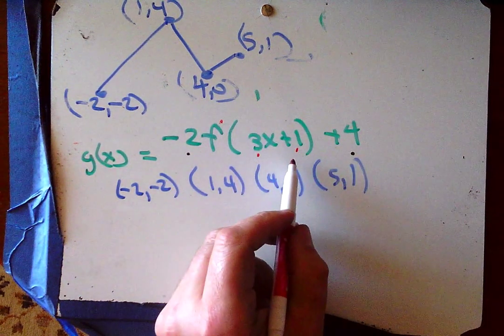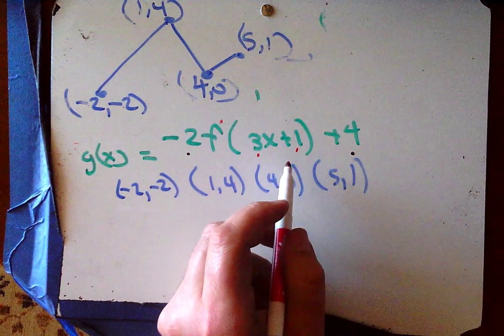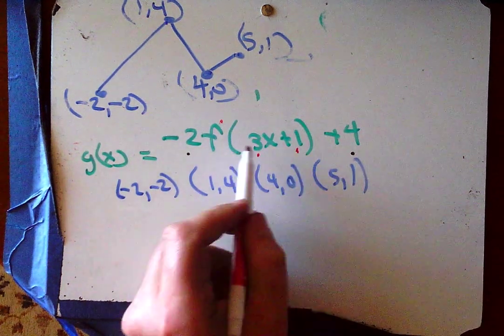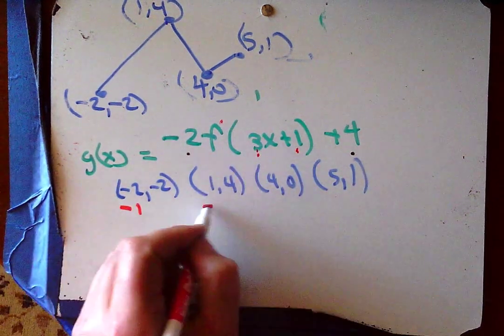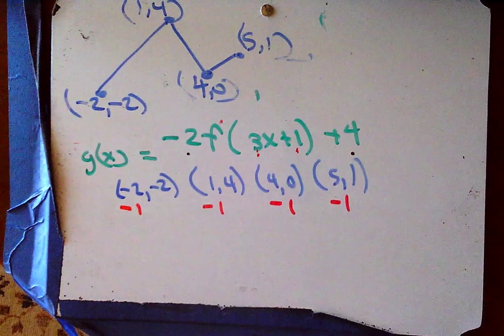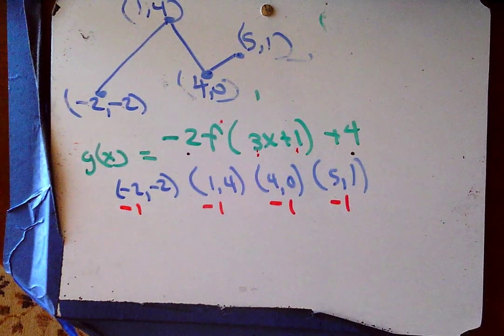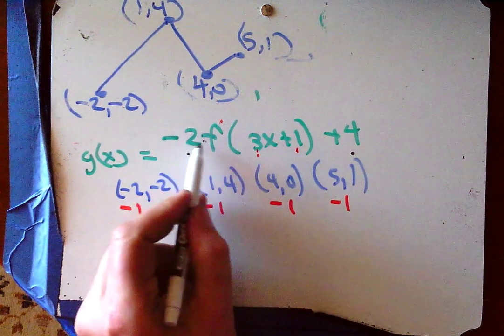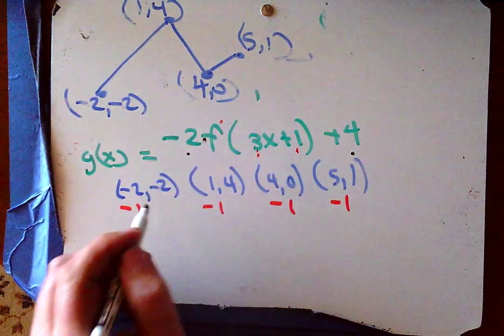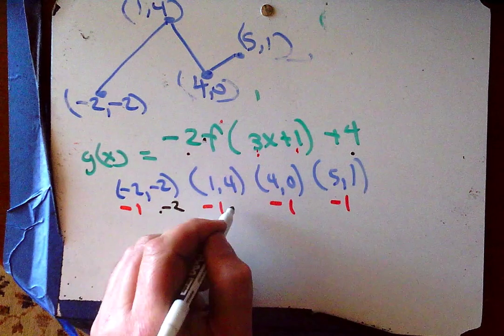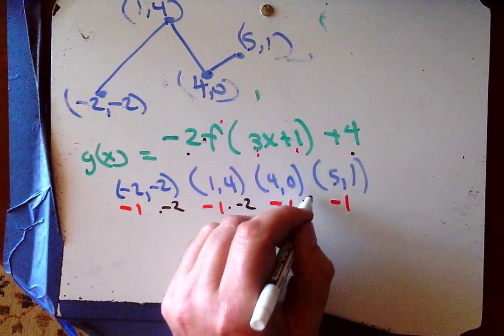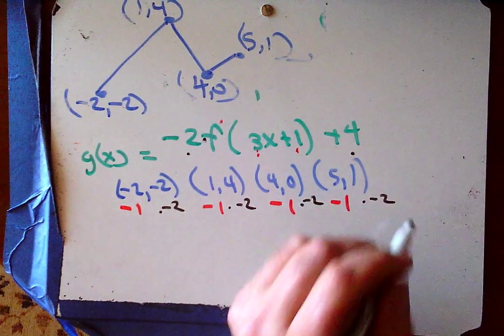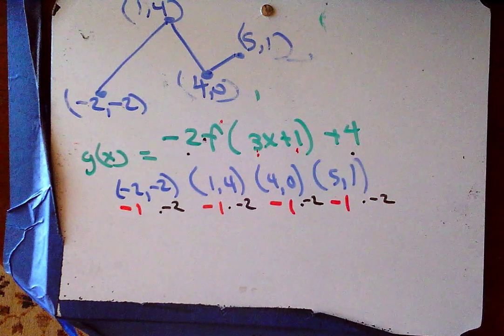So with the x's, remember, we do SADMEP. So I'm going to have to subtract 1 and divide by 3. But with the y transformations, we do PEMDAS. I'm going to multiply, see that's -2 times f. I'm going to multiply all the y's by -2. And then later, I'll add 4.